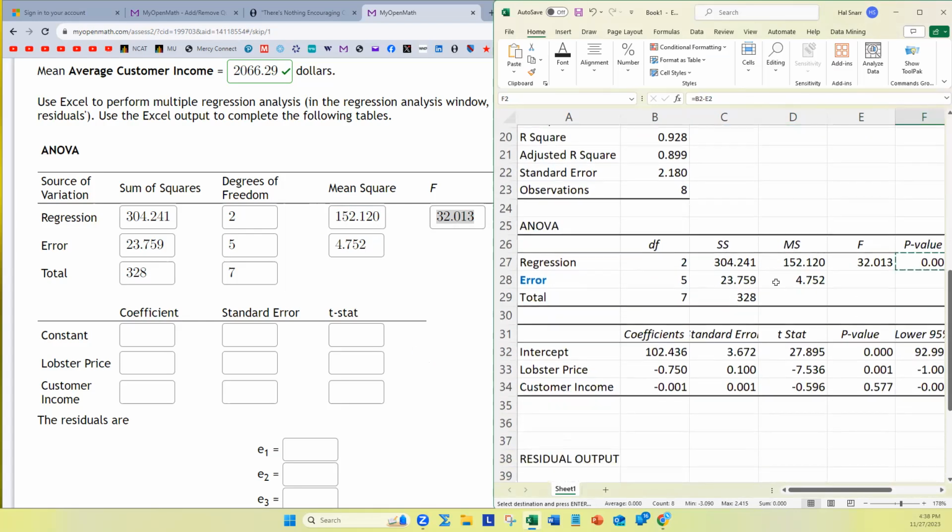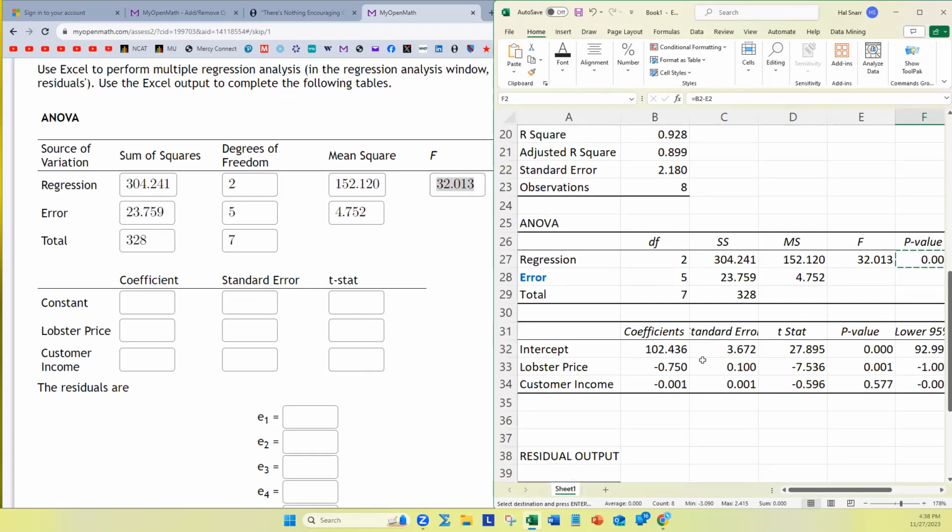So let's continue typing in our information. We're copy and pasting it.